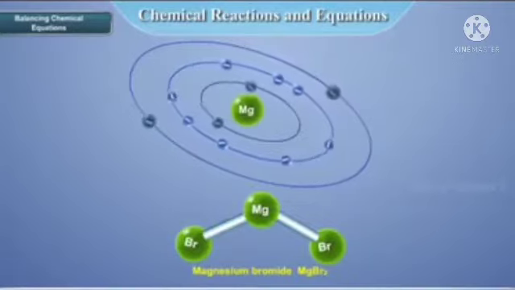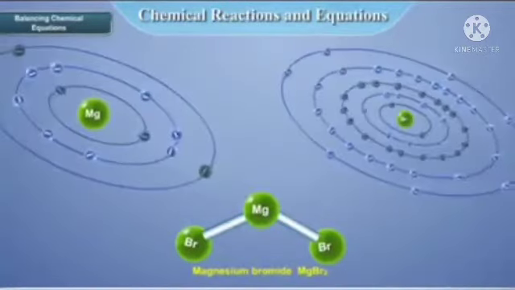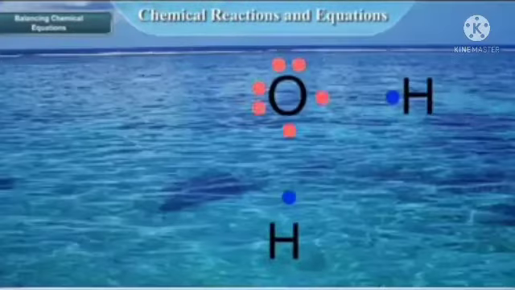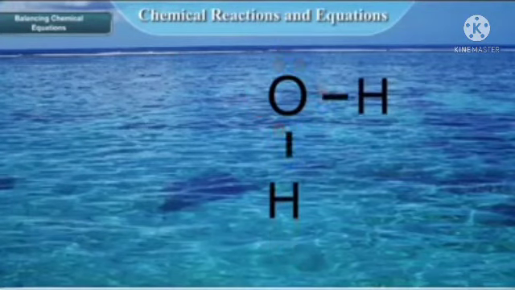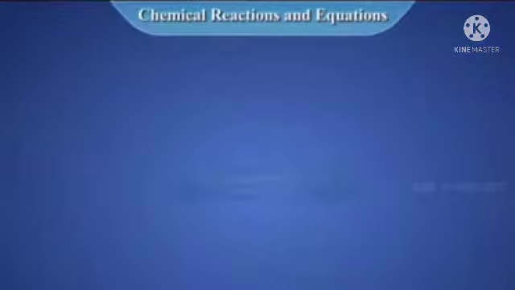One formula unit of magnesium bromide is one Mg 2 plus and 2 bromine ions. Formula unit of water H2O: 2 H plus and one O2 minus ion.